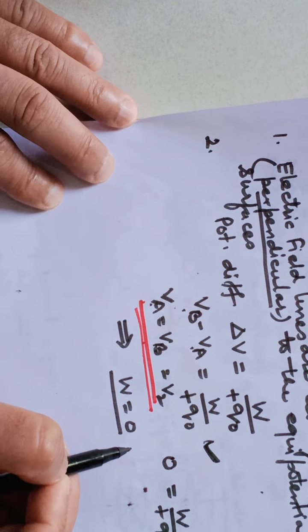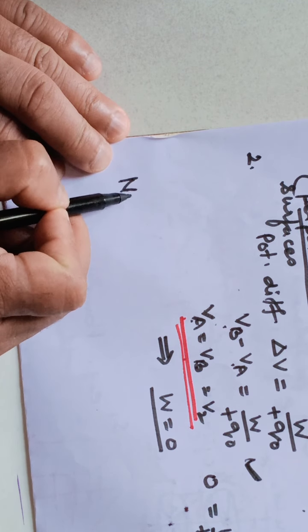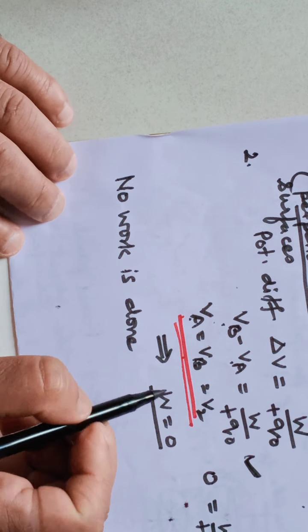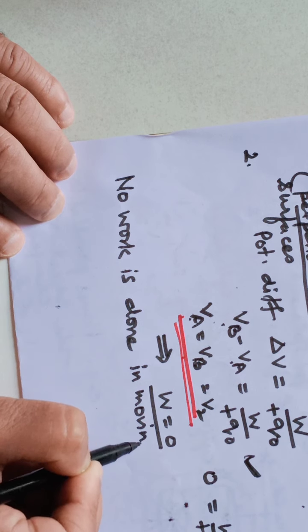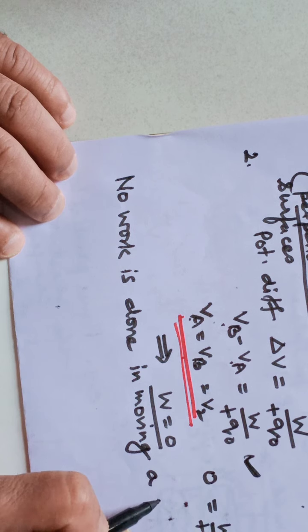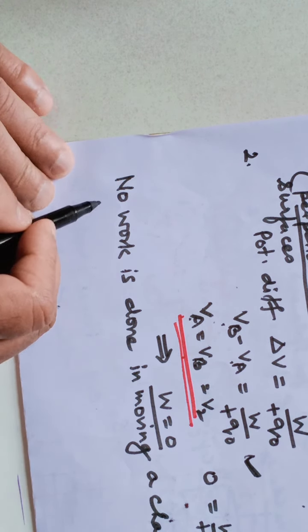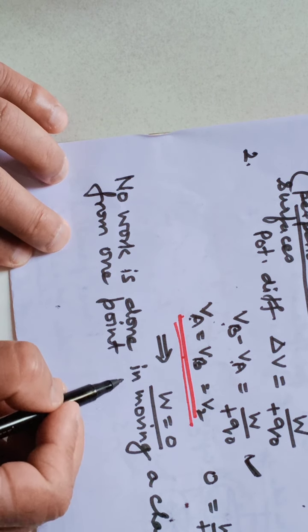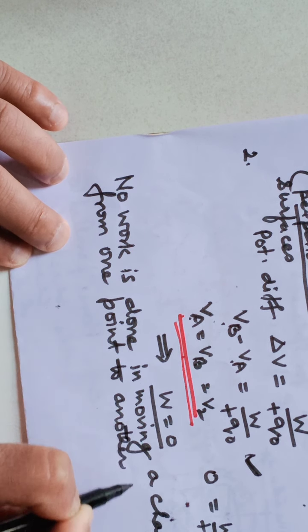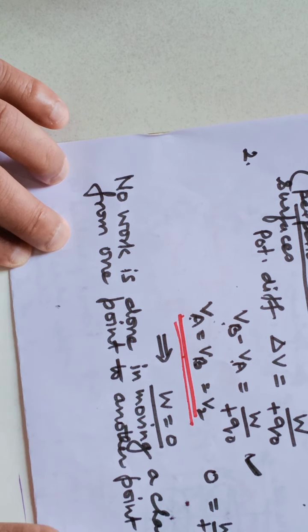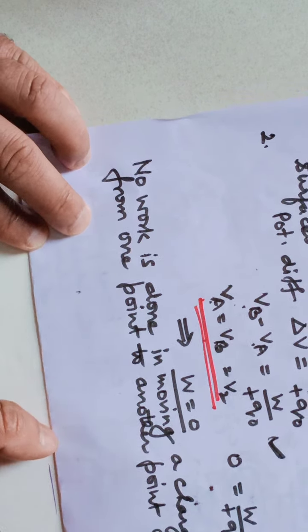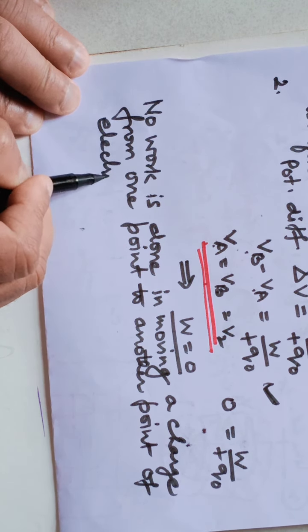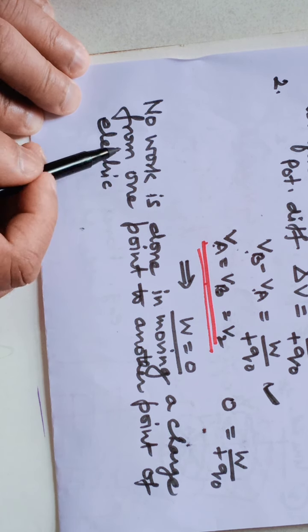This is very, very important. That is, no work is done in moving a test charge from one point to another point of an equipotential surface.